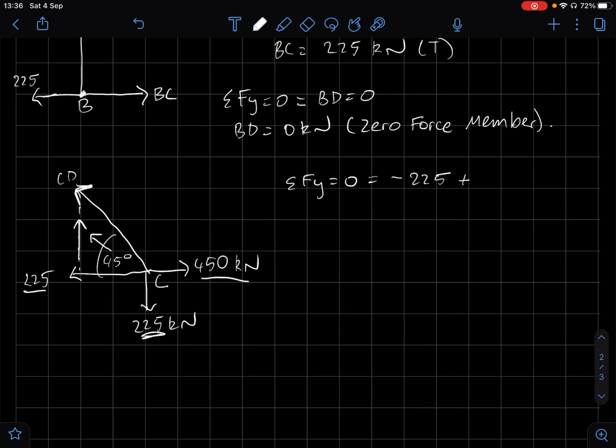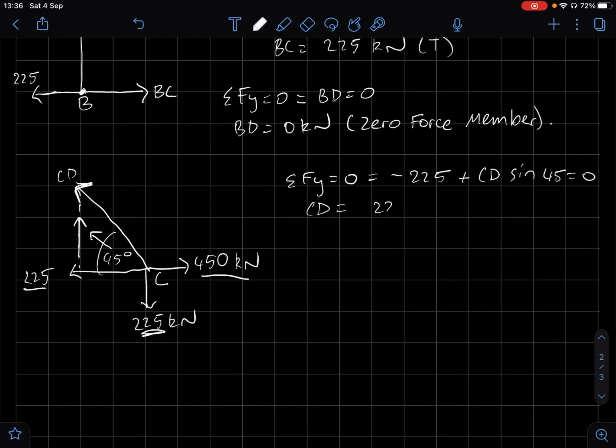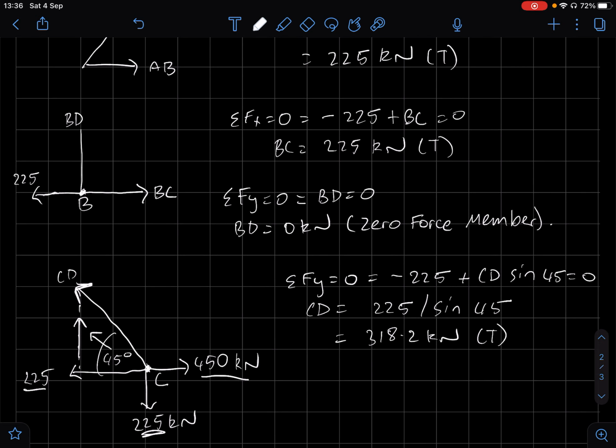So CD sine 45 equals 0. So then we have CD equals 225 divided by sine 45. What's that going to equal, guys? 318.2 kilonewtons. CD acting away from the member at C, that's going to be in tension. And we are done.